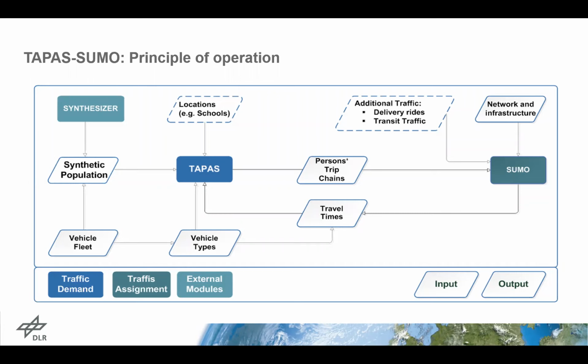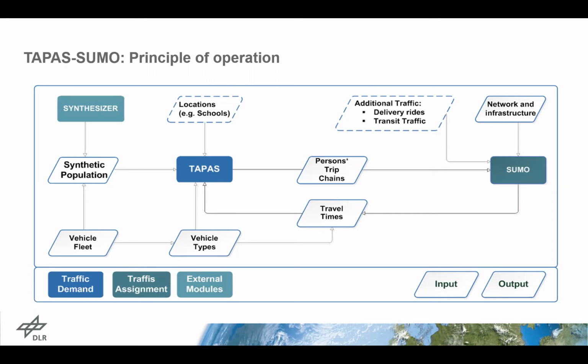So we put these trips into SUMO, and SUMO then does the routing. Of course, we usually have additional traffic. That means we have through traffic. We have traffic we do not model, like post and all the Amazon and DHL and FedEx and UPS cars, commercial traffic and so on.